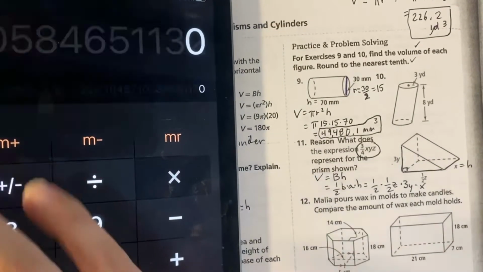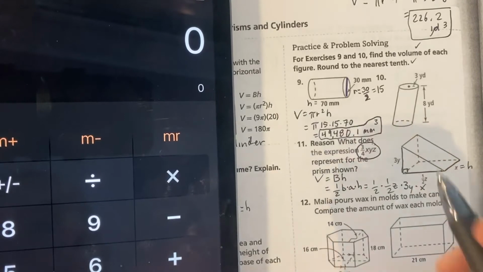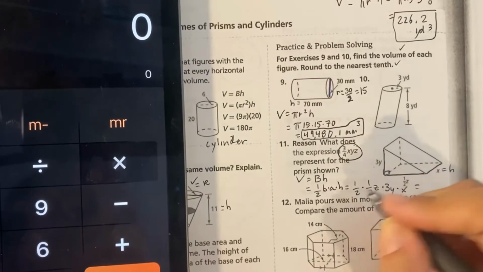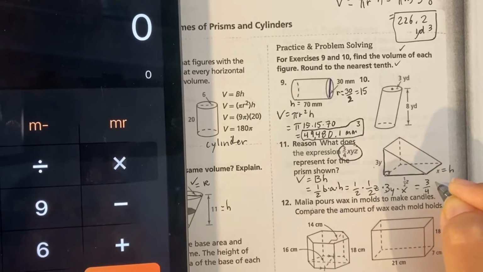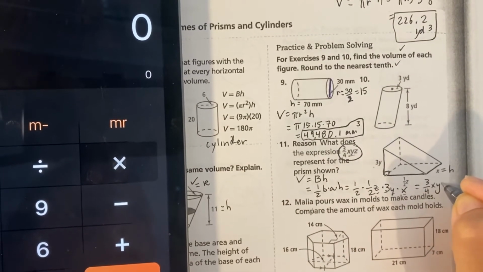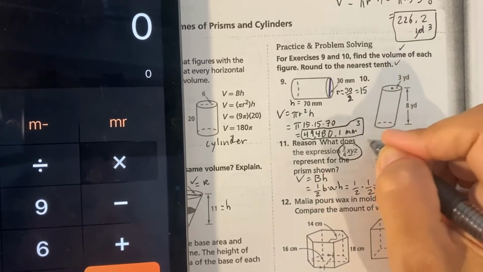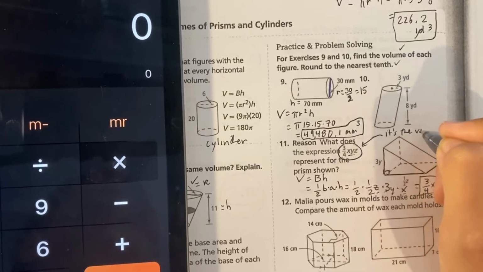So we get 1/2 times 1/2 is 1/4 times 3, so that's 3/4 x times y times z. I can put that in any order, because you can multiply in any order. So what does this expression represent? It's the volume.